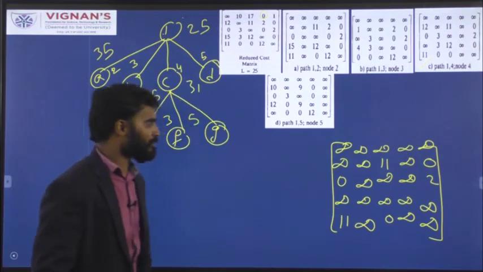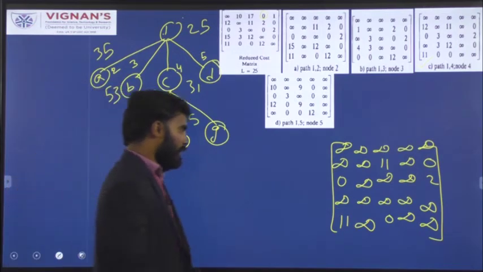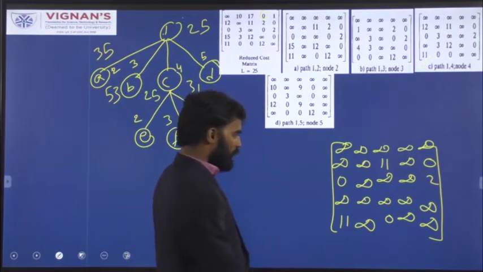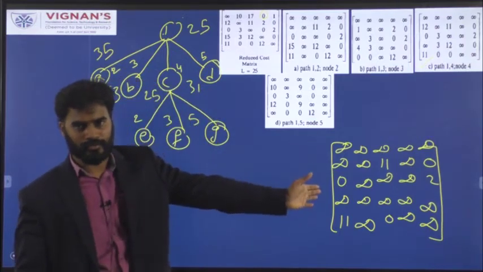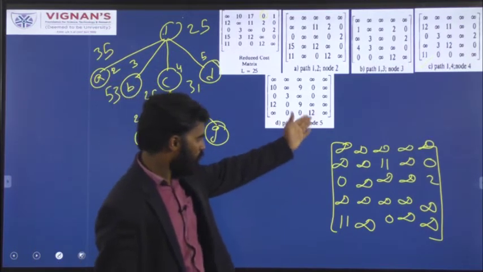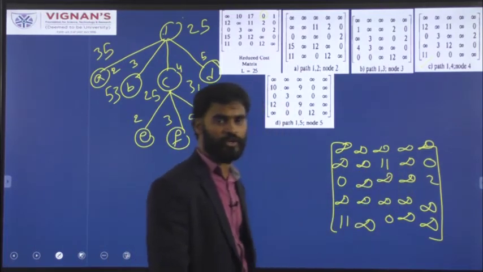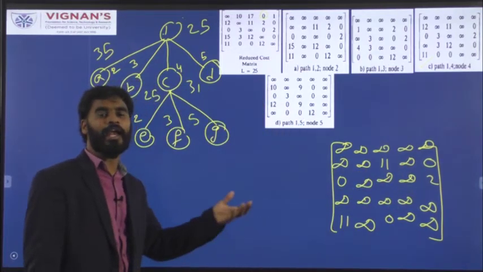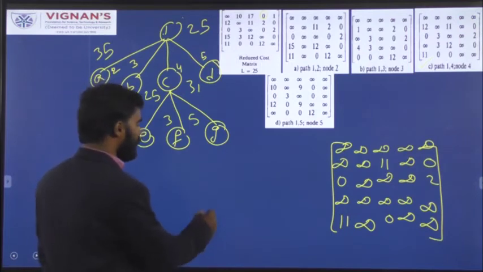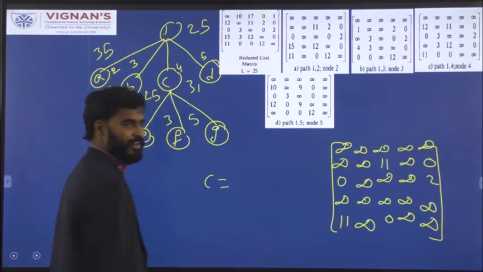Check for the reduction. All the rows are already reduced. And what about columns? First column is reduced, second one reduced, third one reduced, fourth one reduced, fifth one is also reduced. You need not reduce any row or column. So the cost of node E is the cost of its parent.